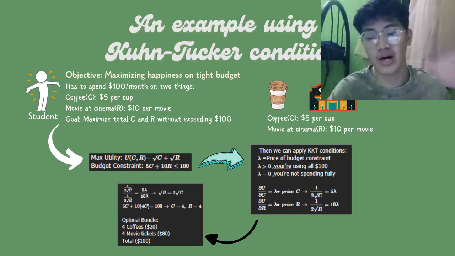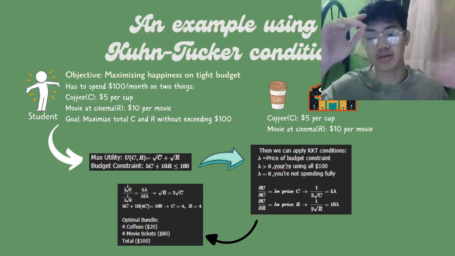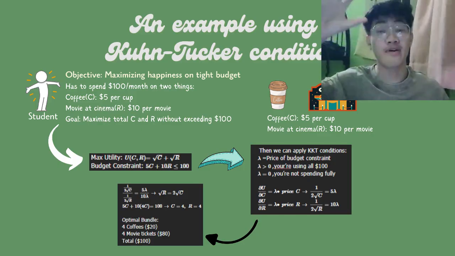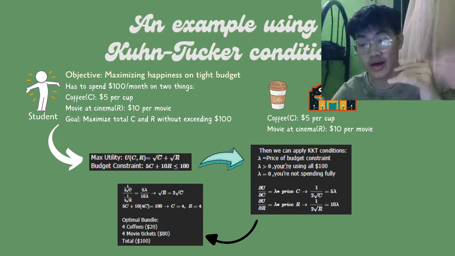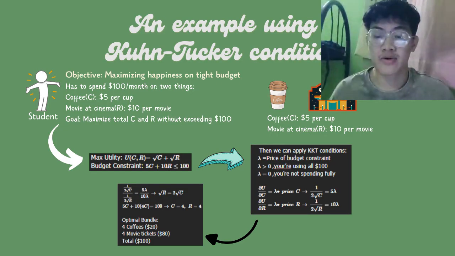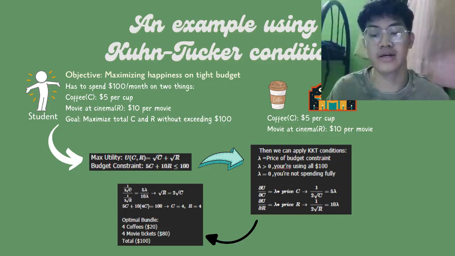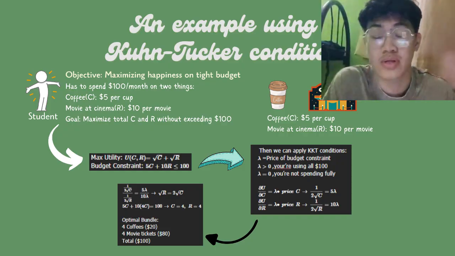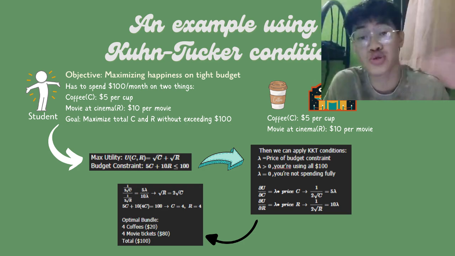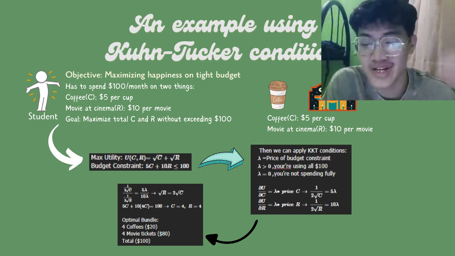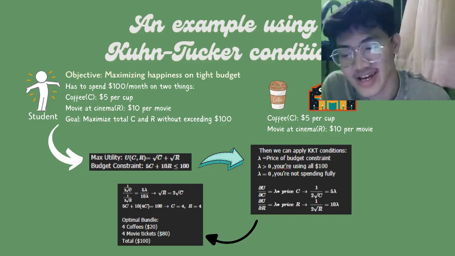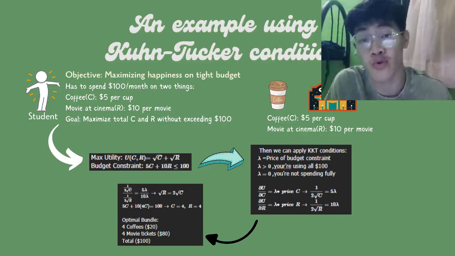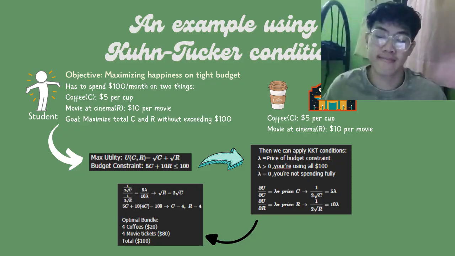Then you plug it back in following the arrow, and you divide 5 lambda over 10 lambda. You equate them, and in the end you get square root of R equals 2 square root of C, and from this we get C equals 4 and R equals 4.